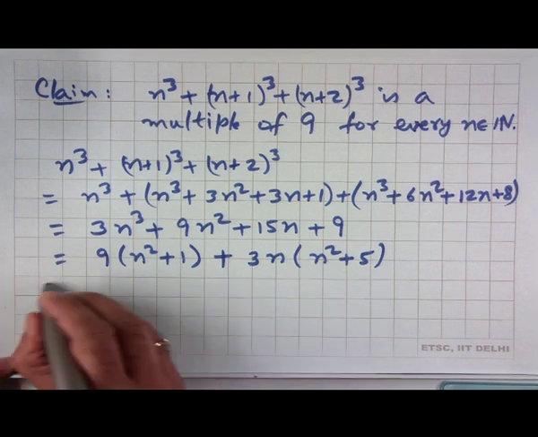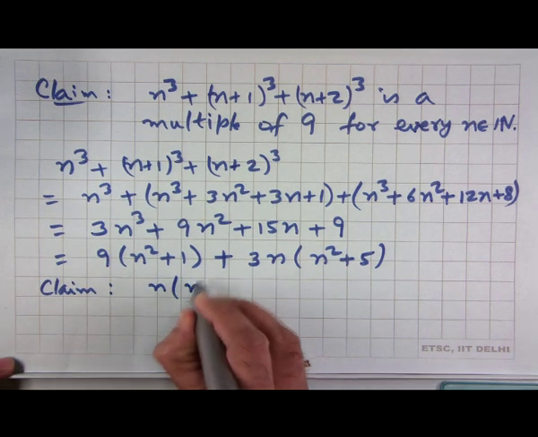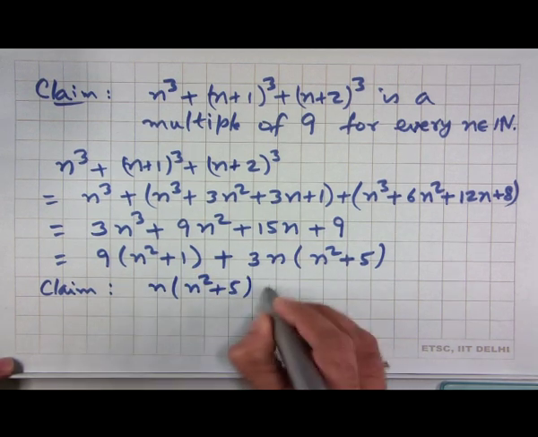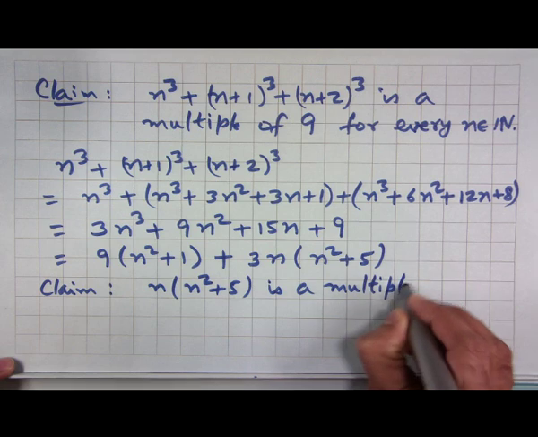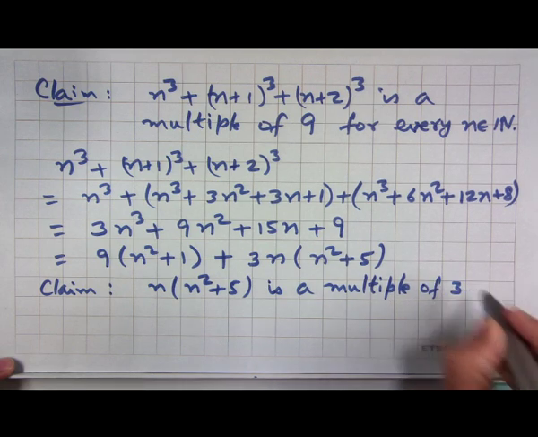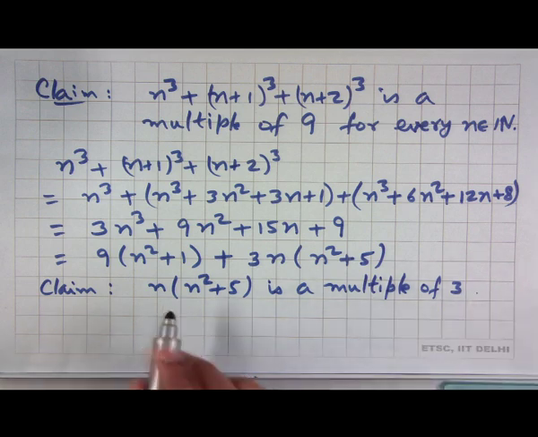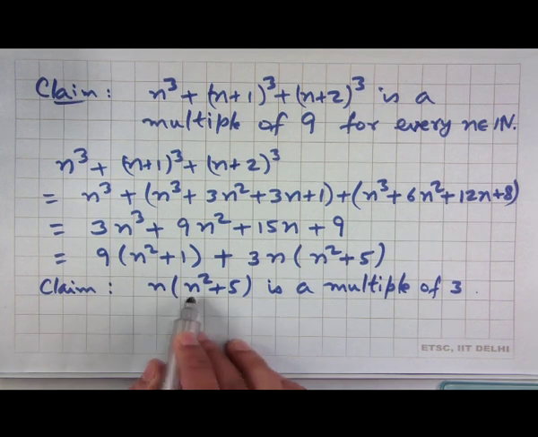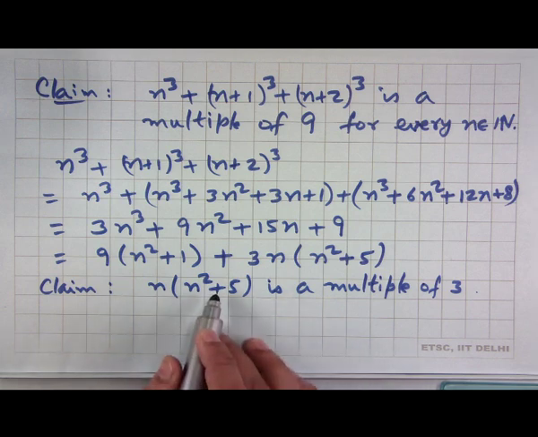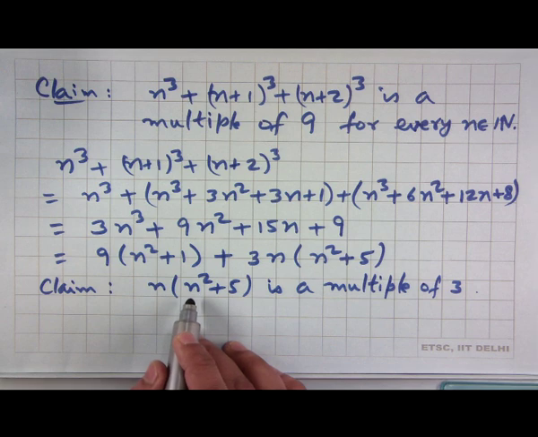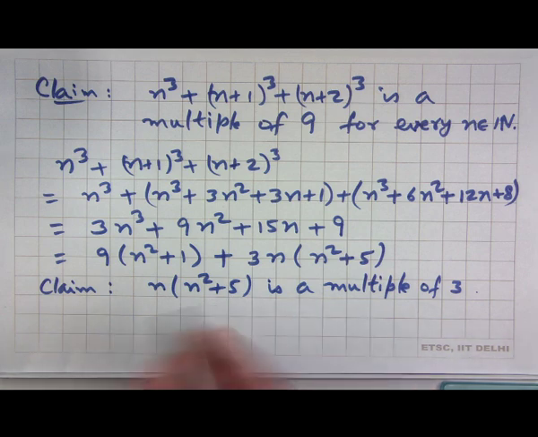So, another claim is n times (n square plus 5) is a multiple of 3. If n is a multiple of 3, then of course, this is a multiple of 3. If n is not a multiple of 3, then n must be of the form 3k plus 1 or 3k plus 2, and then you just calculate.